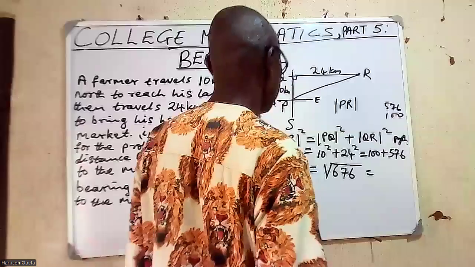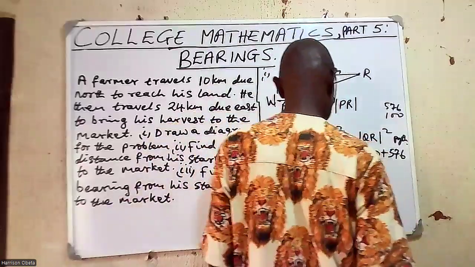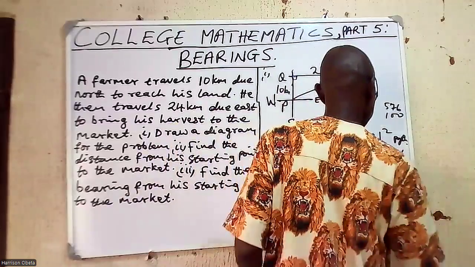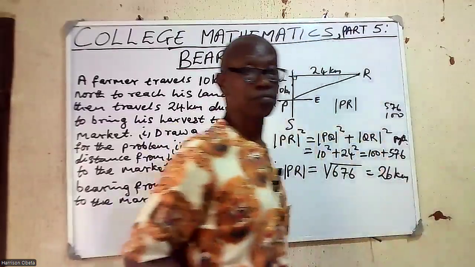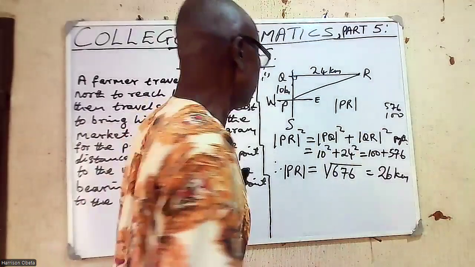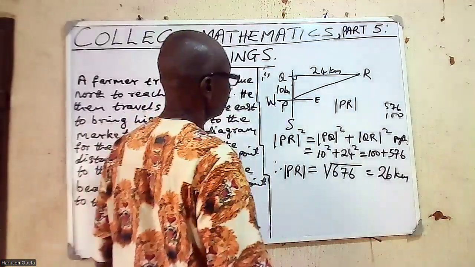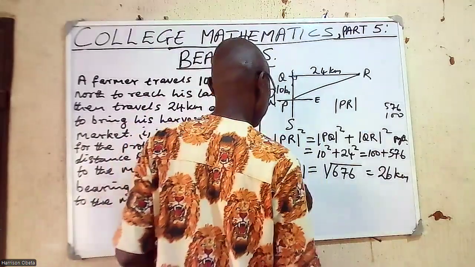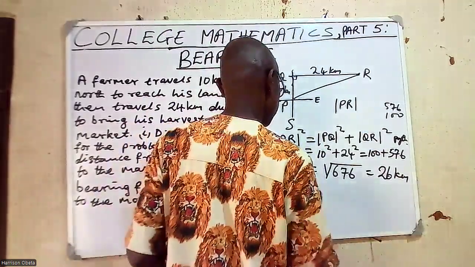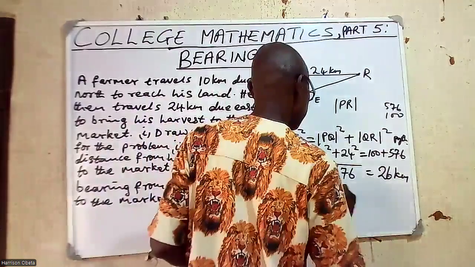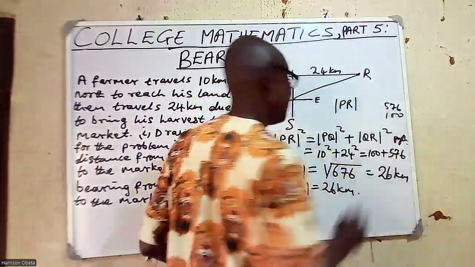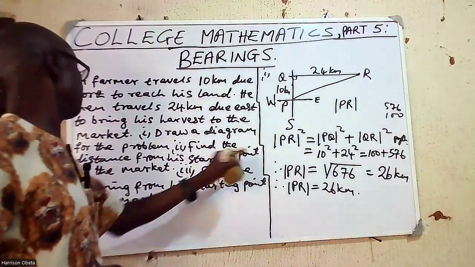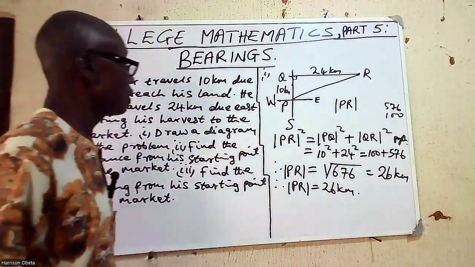And that will give us 26 kilometers. So we have succeeded in getting PR to be 26 kilometers. That's the distance from the starting point to the market.